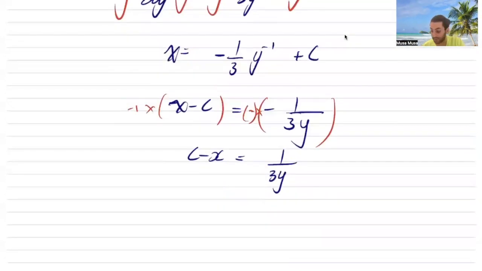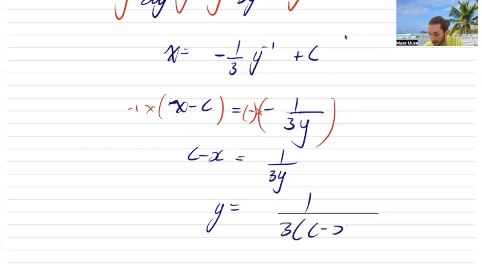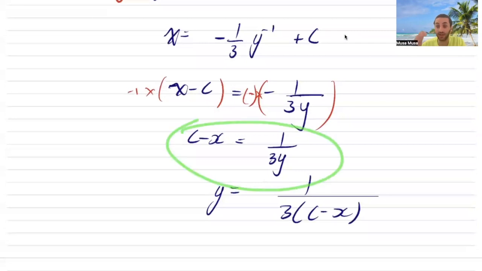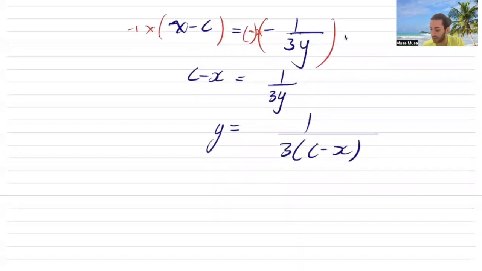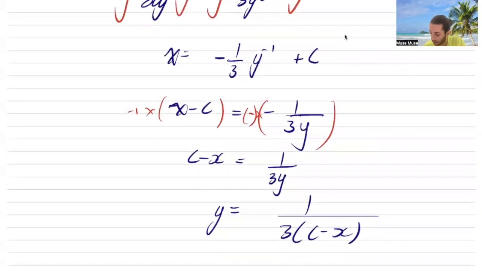Okay, here's a good point. If I rearrange this and make y equals 1 over 3c minus x, that's so much effort to now go and find c once I sub in the 1 and the 4. So maybe worth finding the c early on when it's in a neater form, and then finally rearranging and getting it into the final form where y equals. So let's hold off on this and find what the c is.